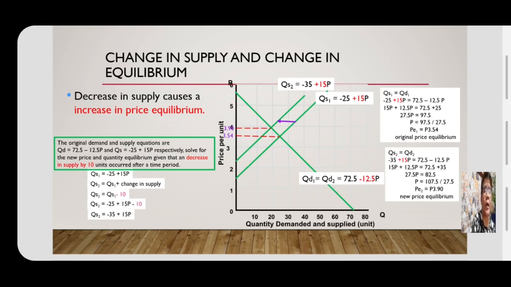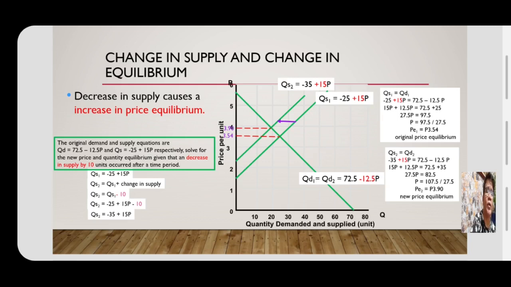So how much is the change in price equilibrium? To solve for it, we can just use the formula P2 minus P1, where subscript 2 means new and subscript 1 means original.